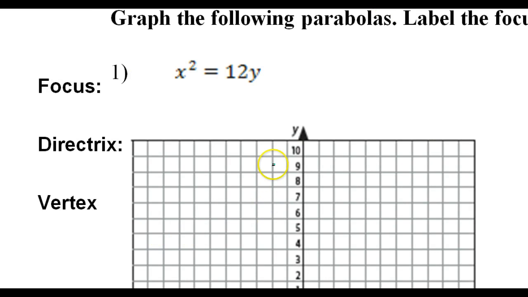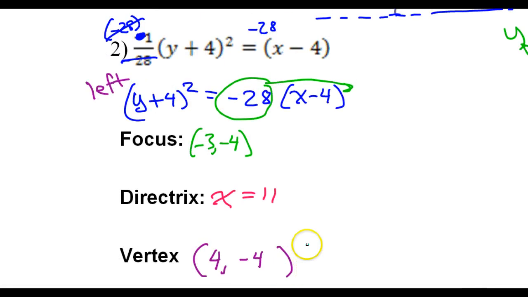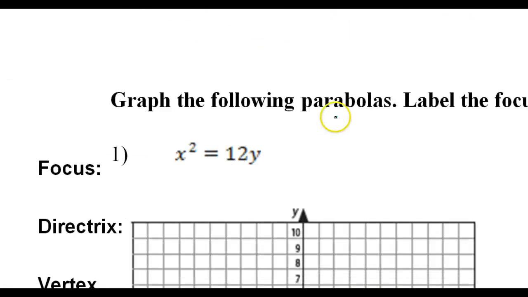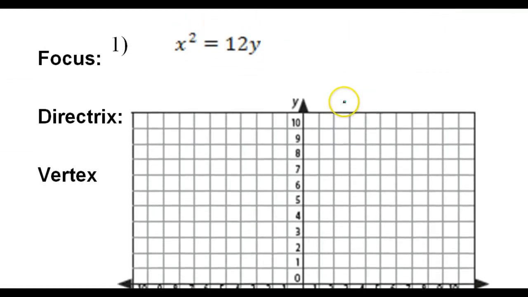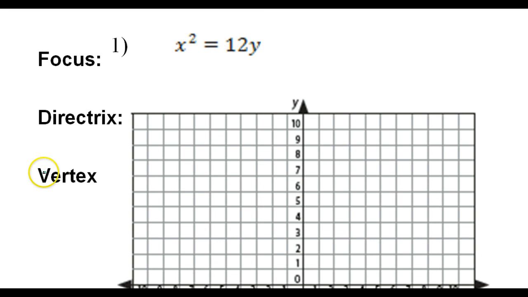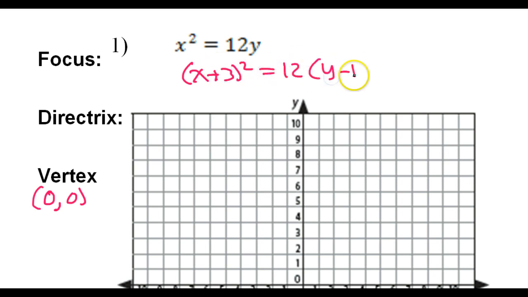All right, these problems on the back are pretty much the same thing, but they're making us draw a graph instead of just having to do a sketch. All right, we're doing a proper graph. But other than that, it's the same thing. At a glance, we know that the vertex is going to be 0, 0, because it's not x plus 3 squared is equal to 12 times y minus 1.